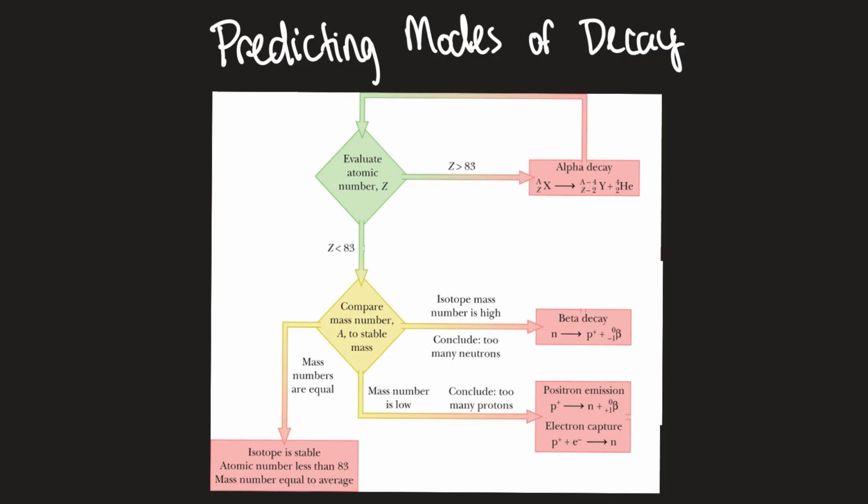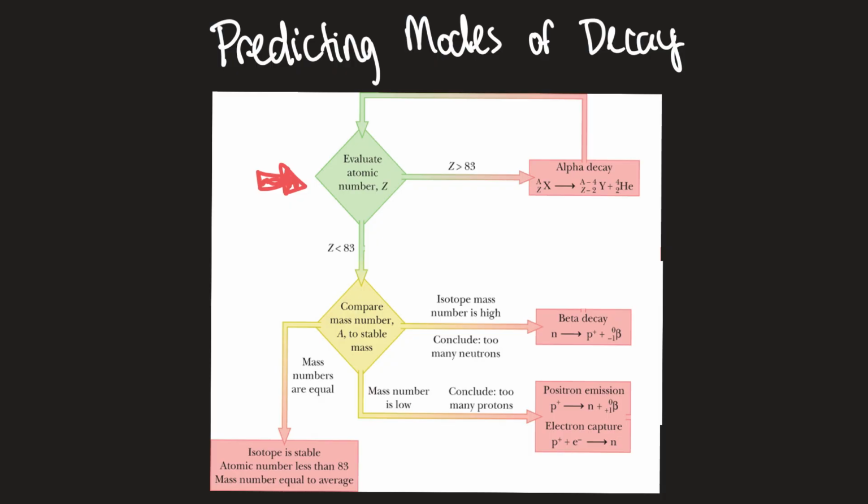Typically you want to start here in this triangle and evaluate the atomic number Z. If the atomic number is 83 and above, the element is basically radioactive. All the elements bigger than lead will decay on their own, and the type of decay you will typically see is alpha decay.